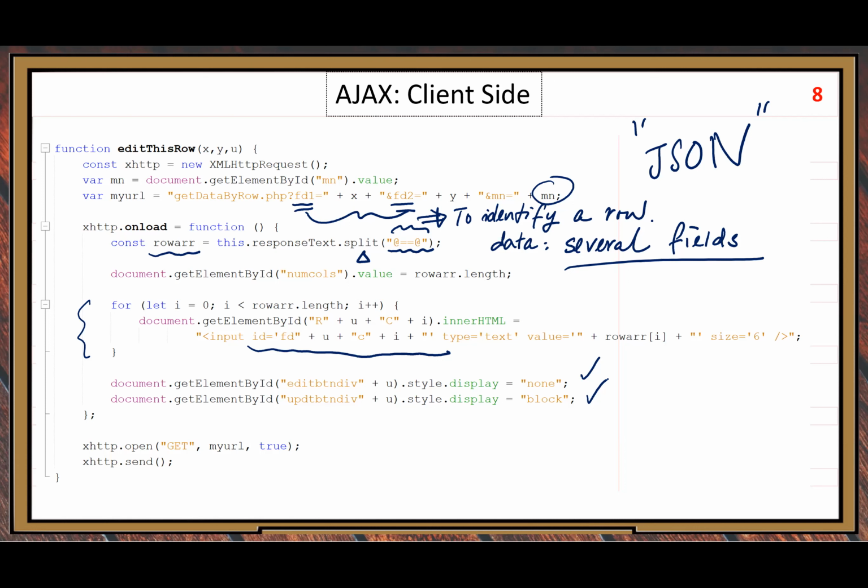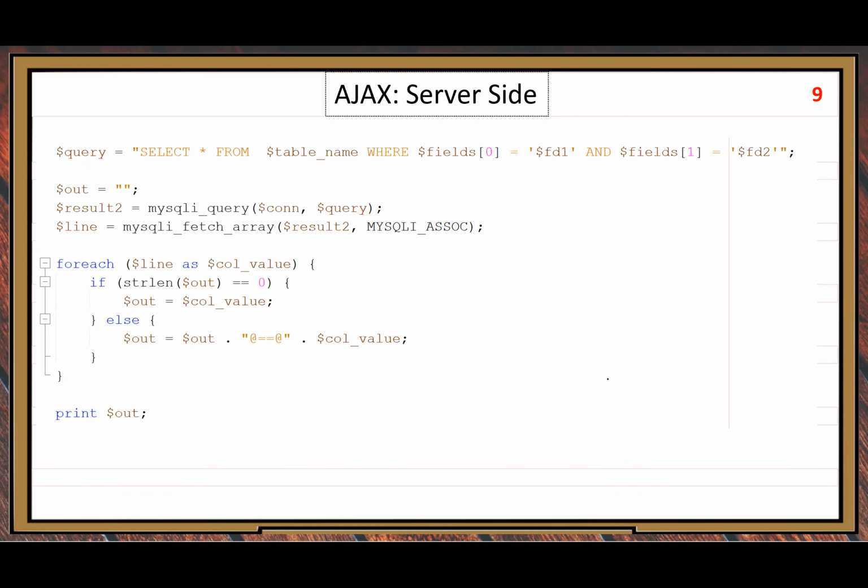Now let me talk about the server side, the PHP side. We have some preparation parts, like the database connection, which is pretty much standard, so I skip that. Now the query part. After you retrieve the values of the first two fields, because you know the table name with the $MN, you can get the right table name.